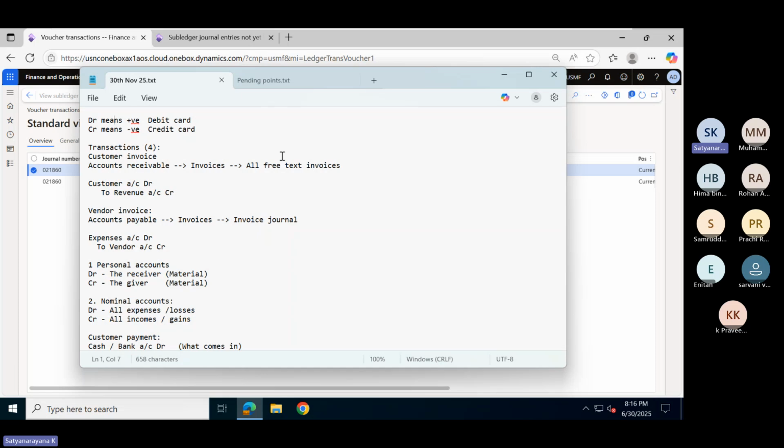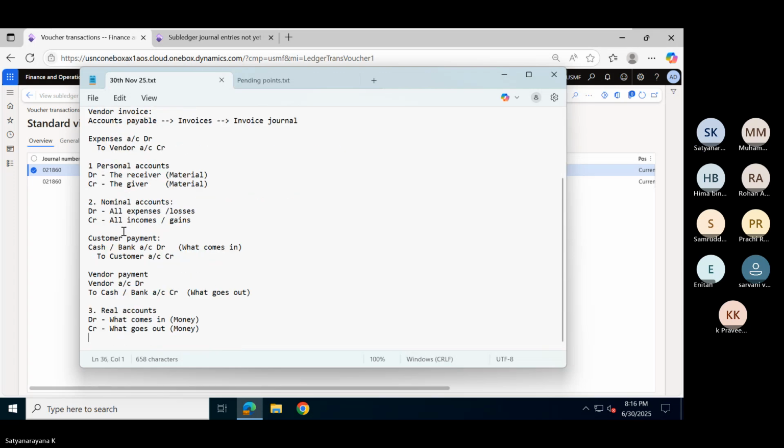But now I'm teaching hundreds and thousands of people, so I remember it on my fingertips now. If you wake up at midnight, 2 o'clock or 3 o'clock, and any person asks what is debit, what is credit, you need to remember this.